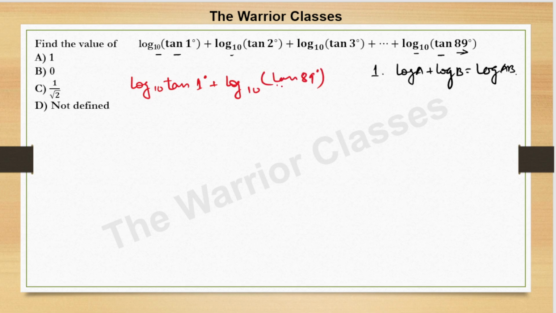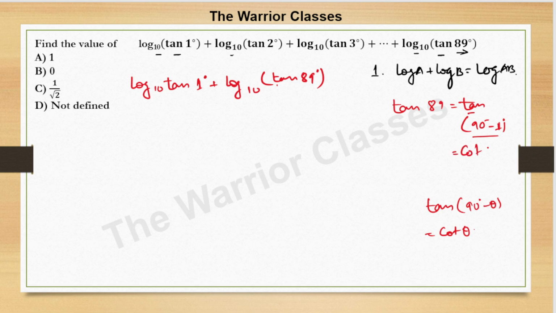Now tan 89 degree we can write as tan of 90 degree minus 1 degree, and it is in the form of tan of 90 degree minus theta, which is equal to cot theta, right? So the value of this term becomes cot 1 degree.